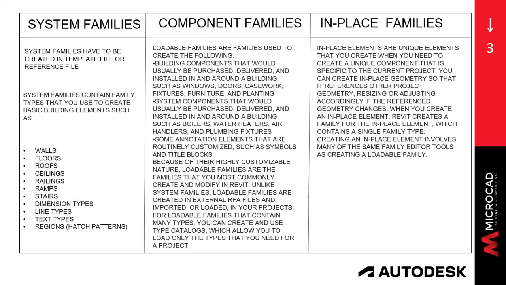You get a whole bunch of them with Revit out of the box. There is a whole bunch of them acquirable for free over the internet. And those are the ones that I'm going to concentrate today about creating.